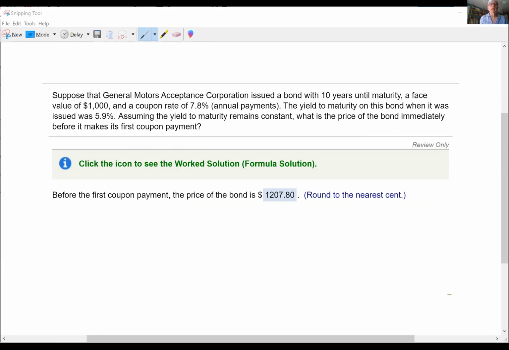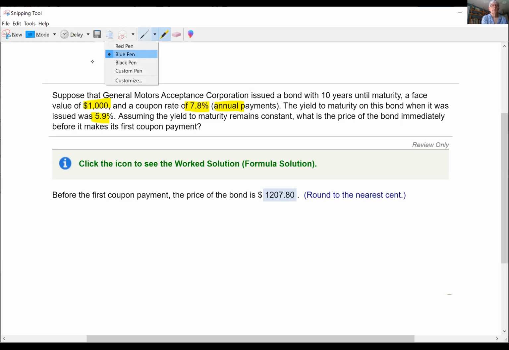Okay, so what I'm going to do here is use these numbers to do it both ways, which isn't actually how the problem was, but that's okay. So we're going to take this bond right here: $1,000 face value, 7.8 coupons, annual, 5.9.